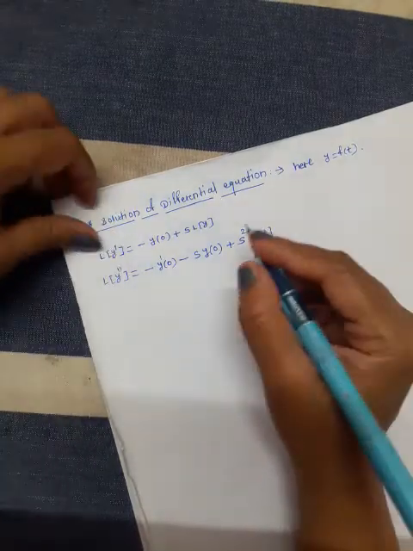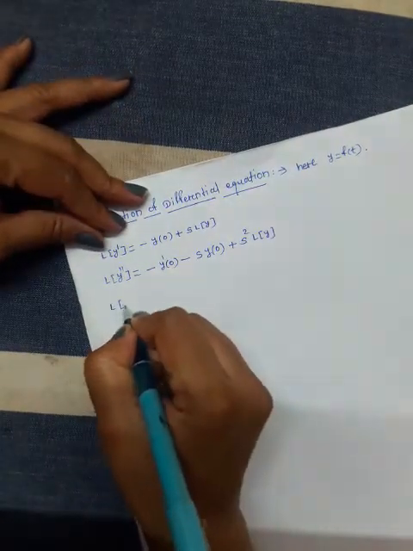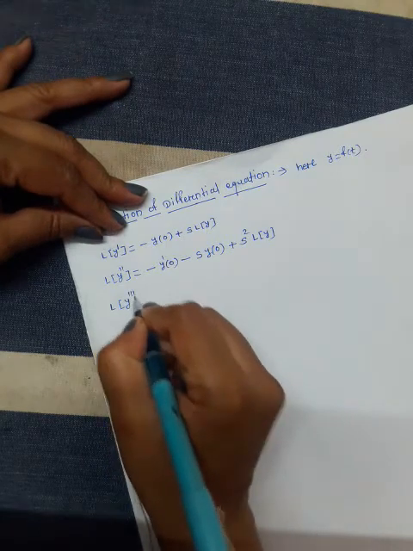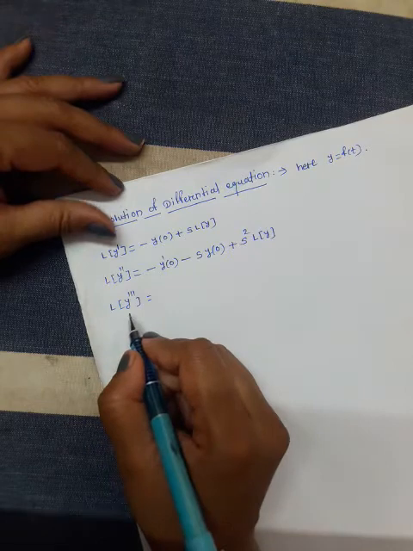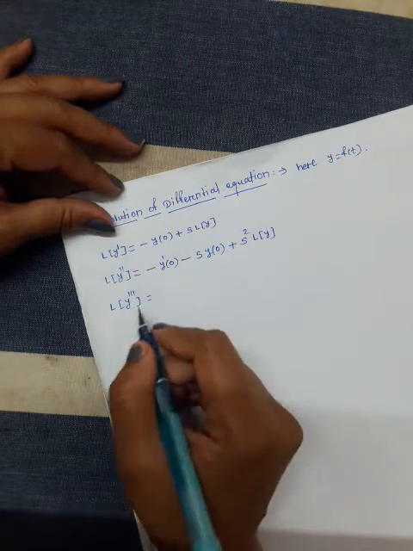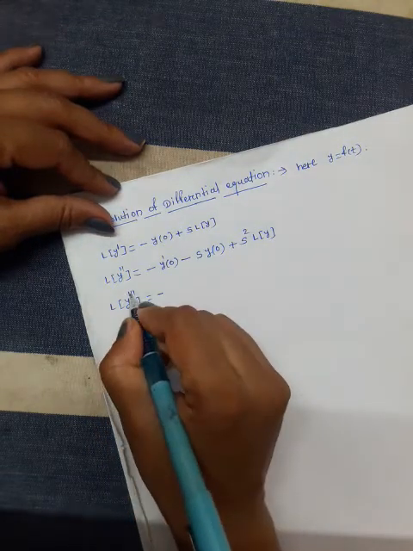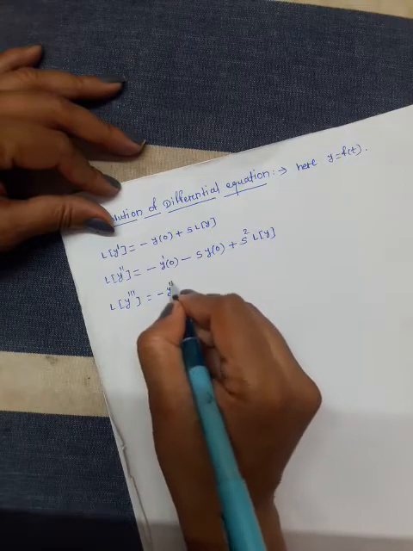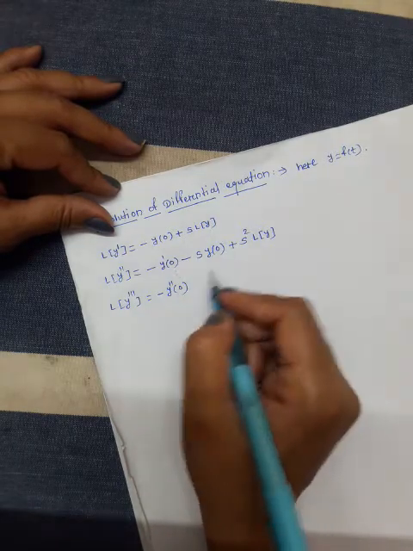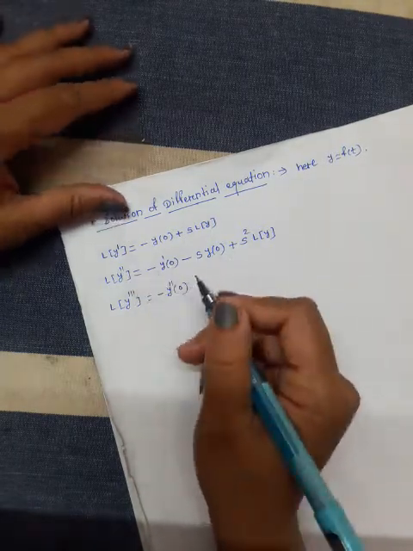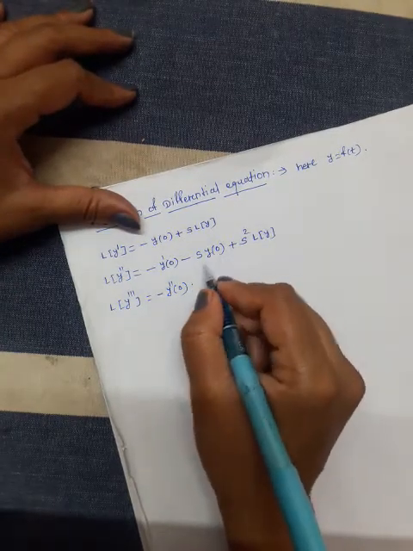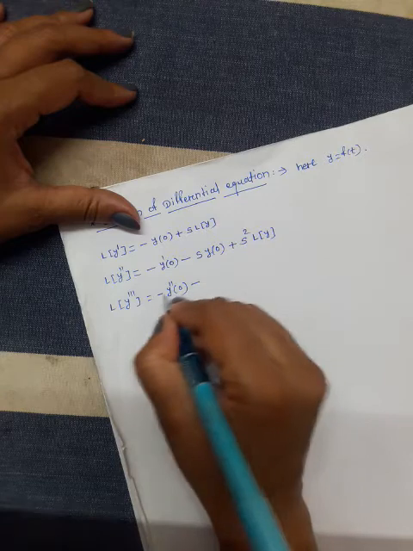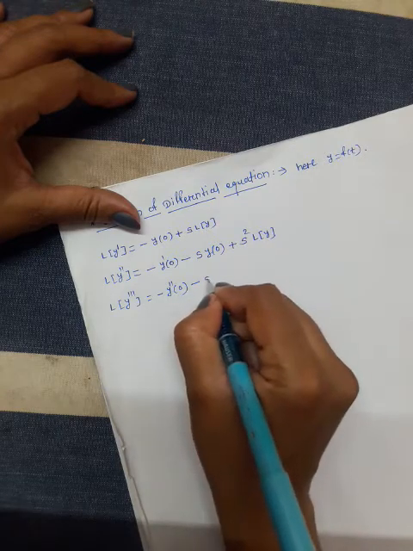Now third, likewise we can expand using this rule. How to find L of y triple dash formula? That is minus, now one dash less than this, that is y double dash of 0. These are the initial conditions. Until we get y of 0, all terms are negative, minus, and increase the power of s.